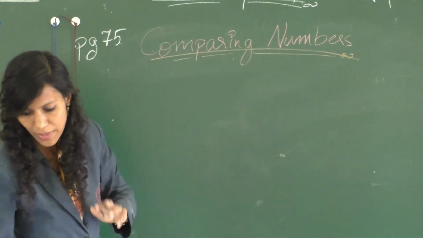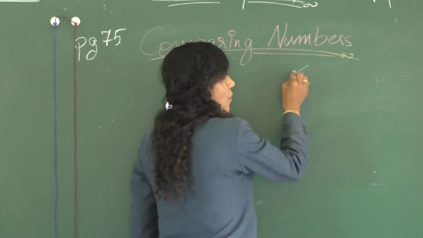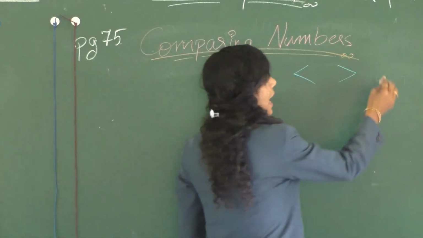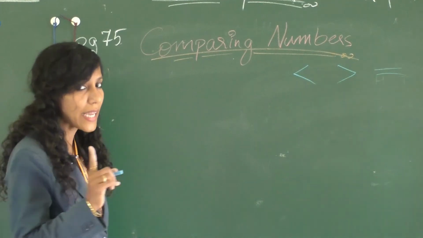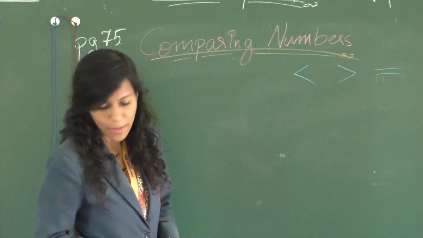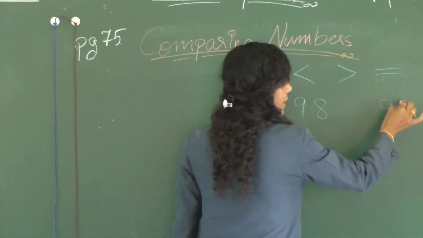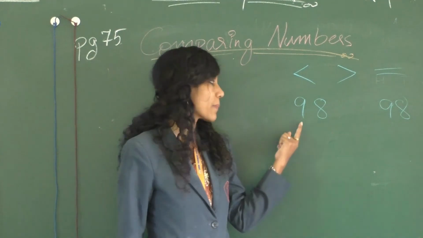Now your next sum is to put the correct sign of less than, greater than and equal to. One sum is 98 and 98. There you go. You get the same example here.